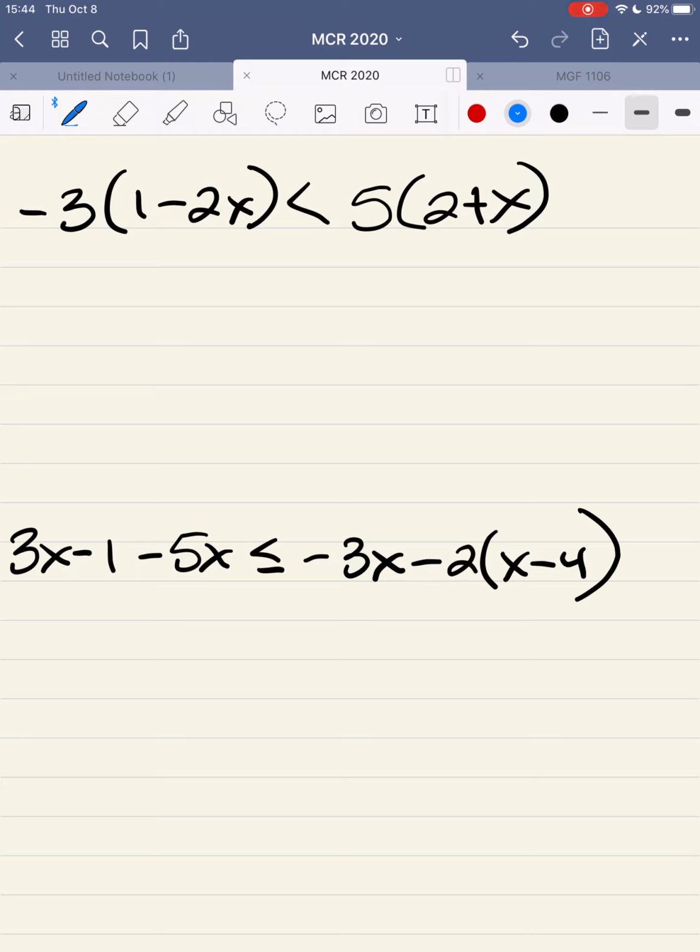So I'm going to go ahead and distribute first. So I have negative 3, a negative and a negative give me a plus 6x is less than 5 times 2, which is 10, plus 5x. Again, I'm going to go ahead and move my x's over to the left, so I'm just going to subtract 5x from the right.